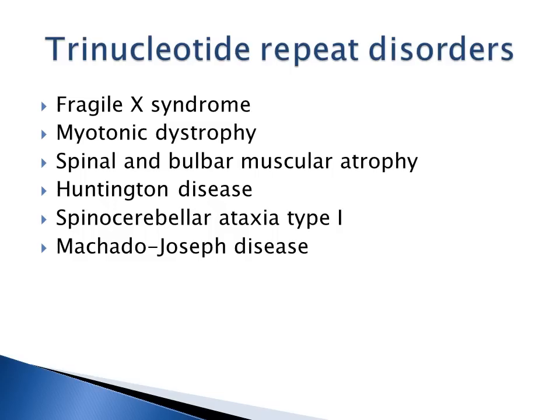There are several diseases that are due to trinucleotide, or 3 nucleotide, repeats, and these include Fragile X syndrome, myotonic dystrophy, spinal and bulbar muscular atrophy, Huntington's disease, and several others.